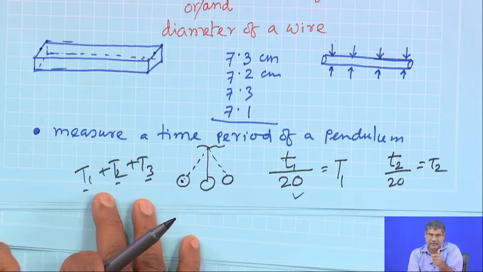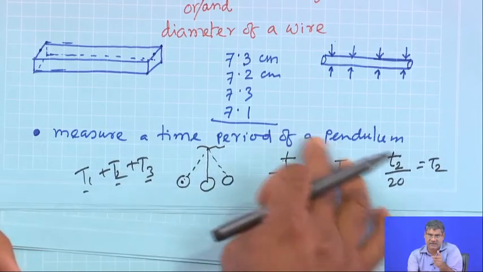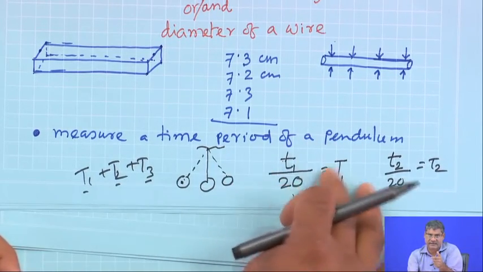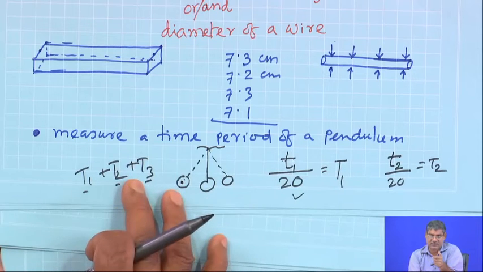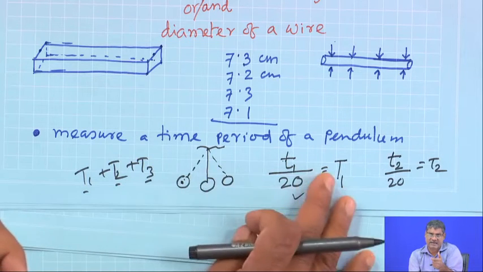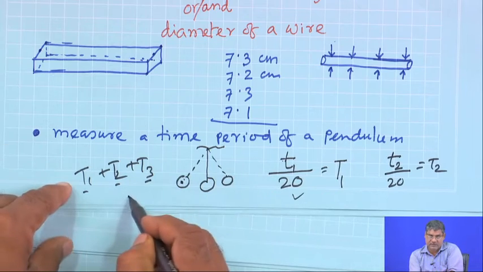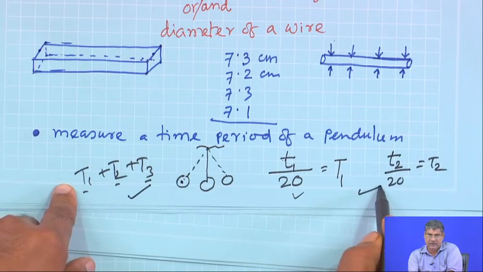So, the same error will be distributed over this higher time, whereas in the other case it is distributed over a time that is 20 times less. So, in which way will we measure, this way or that way?